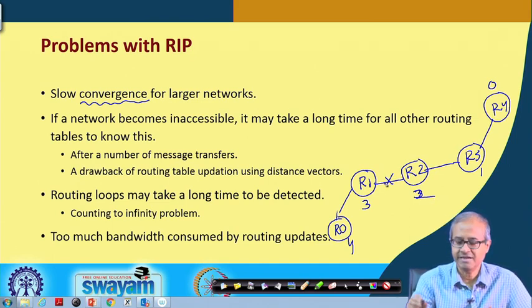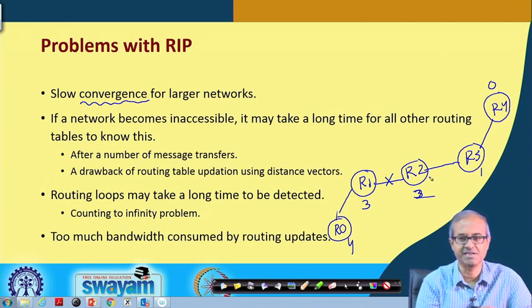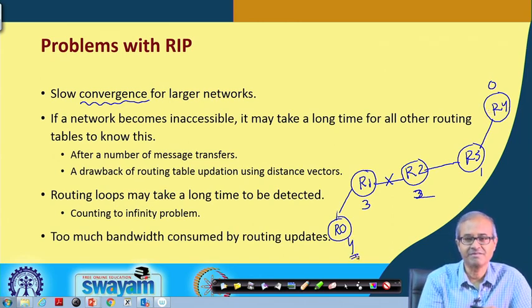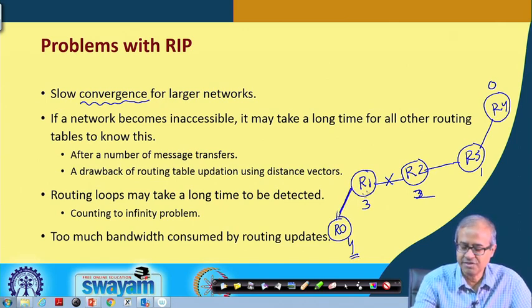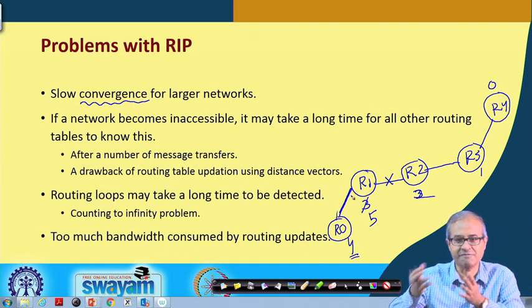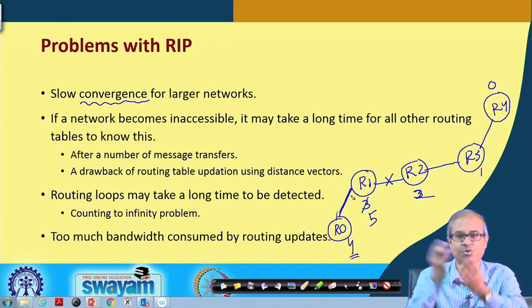So, you see now R1 has no path to R4, the network has become disconnected, but R0 will tell R1 that well R4 is 4 distance away from me, and because this is 1 hop, so R1 will update this to 5, 4 plus 1, but actually there is no path. So, in this way this 5 then 6 then 7 it will go up slowly.